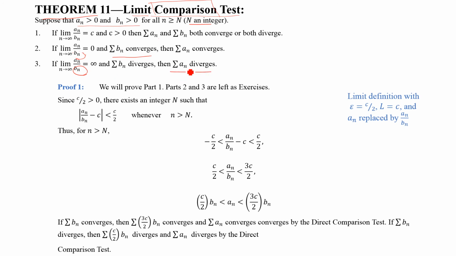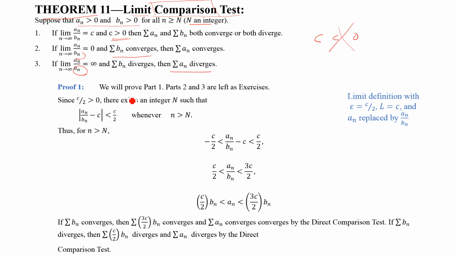Right? So there are three cases: if this limit is infinite, if this limit is 0, or if this limit is c other than 0 and infinity, that is c greater than 0. It cannot be negative because a_n and b_n are both positive, so the case c less than 0 is not possible. So c is either greater than 0 or infinite.